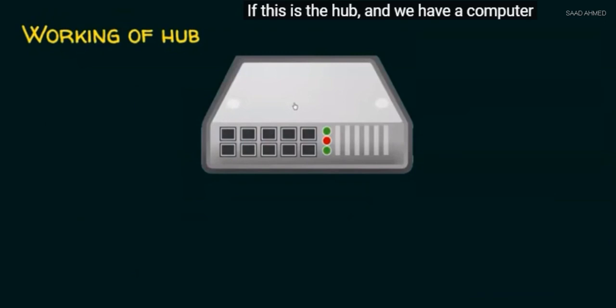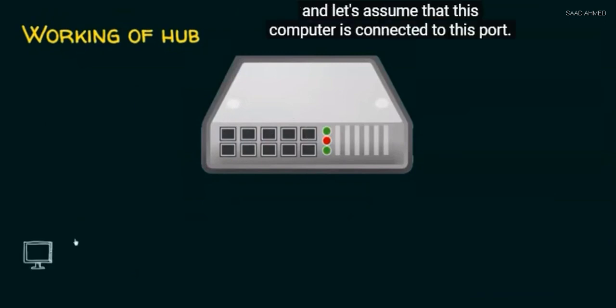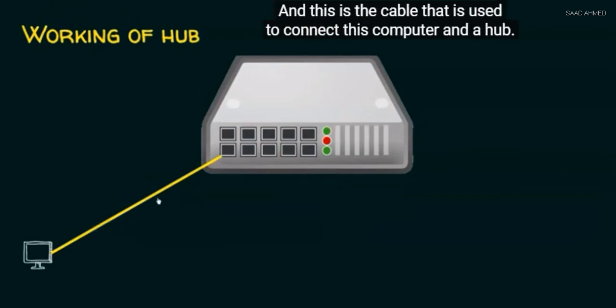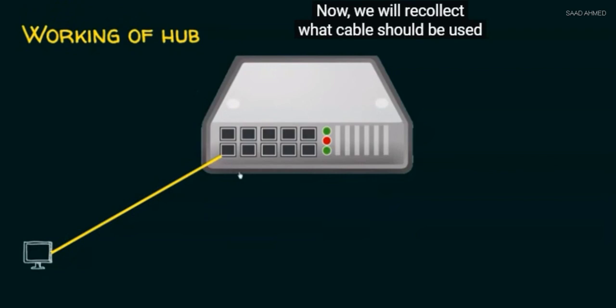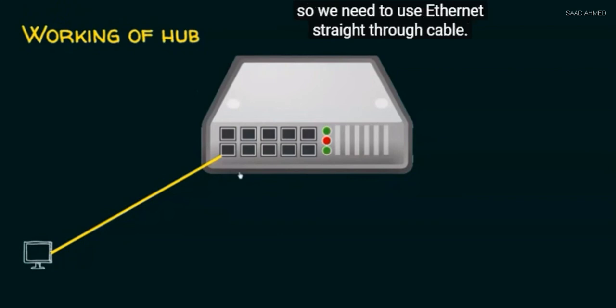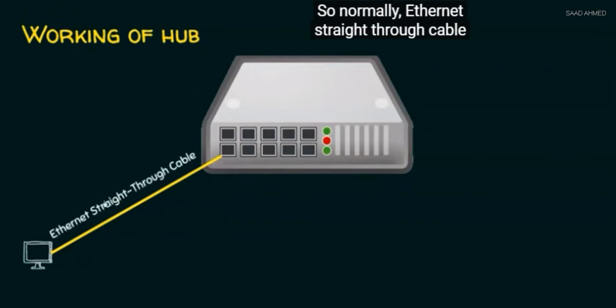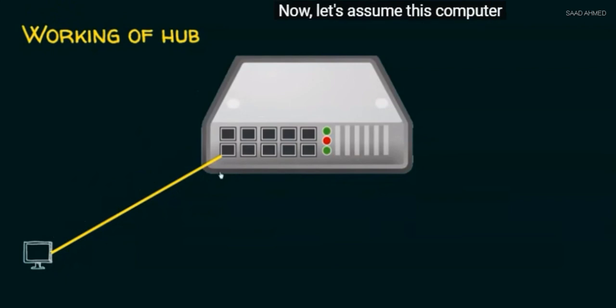Working of a hub: we have a computer, and let's assume this computer is connected to this port, and this is the cable used to connect the computer and the hub. To connect a computer and a hub, since they are different devices, we need to use an Ethernet straight-through cable.